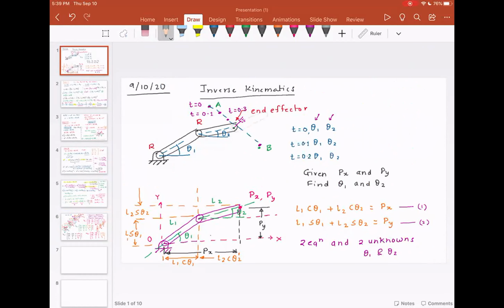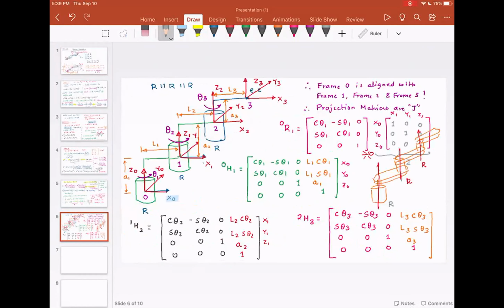Now, as you can see, to solve this planar robot we had to go through a lot of jugglery. So what do we need to do to solve this robot joint?